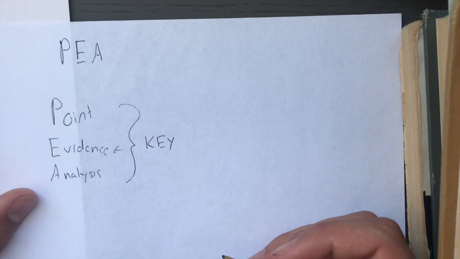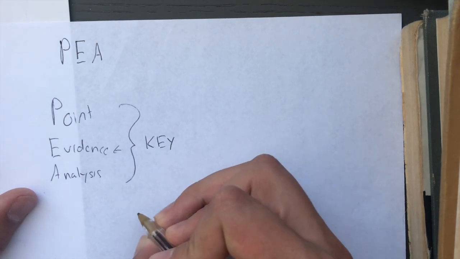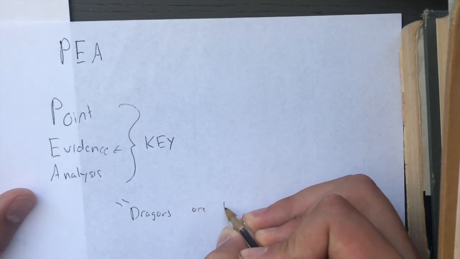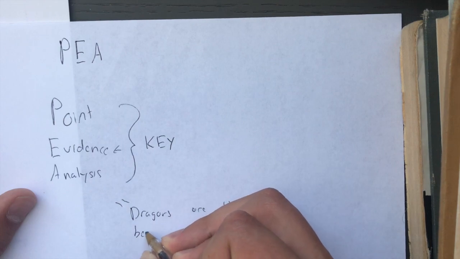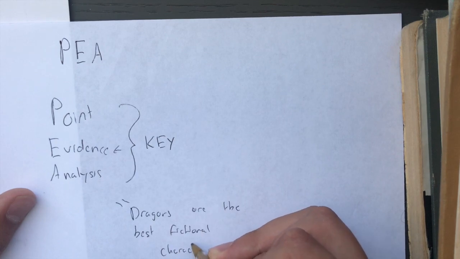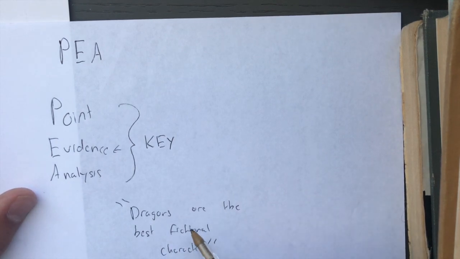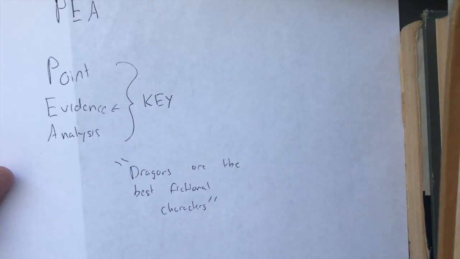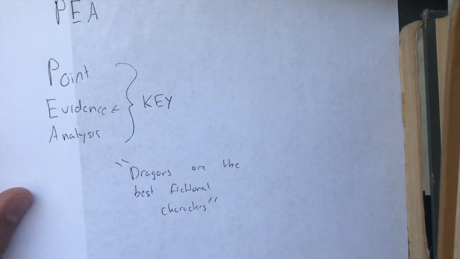So basically maybe some famous writer said dragons are the best fictional characters, and you want to use this as your evidence, then basically you would have to include it in a way in which you don't just kind of, what my teacher used to say, quote bomb. So you don't just like drop that quote. You have to embed it into your own writing in order for it to look good.